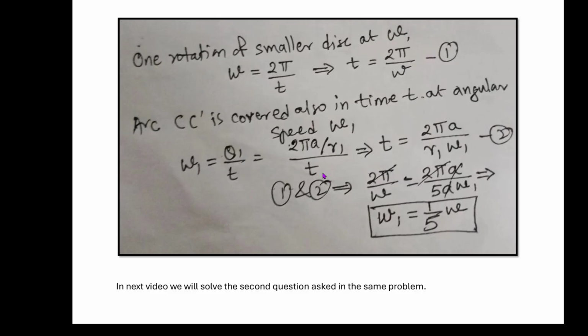So we will get 2 pi a upon r1 upon t. So t will be 2 pi a upon r1 omega 1, and when we equate this t and this t, you will get omega 1 equal to 1 by 5 times omega. So the first statement is true, but we wanted not just to find out whether the statement is true, we wanted to arrive at this angular speed, and which we have done.